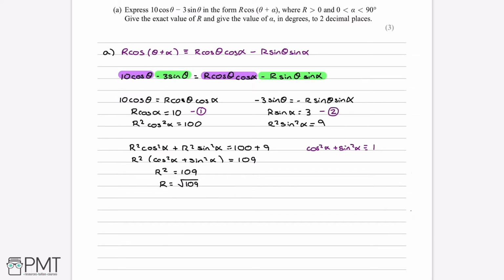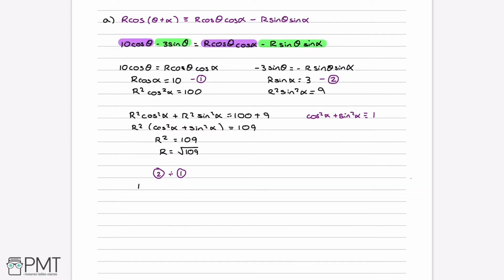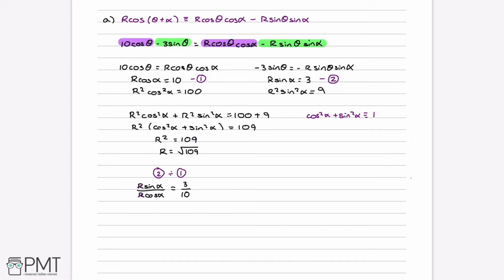If we do equation 2 divided by equation 1, we get r sine alpha over r cos alpha is equal to 3 over 10. Because these two r's cancel, and because we know that sine alpha over cos alpha is equal to tan alpha, we can say that tan alpha is equal to 3/10.